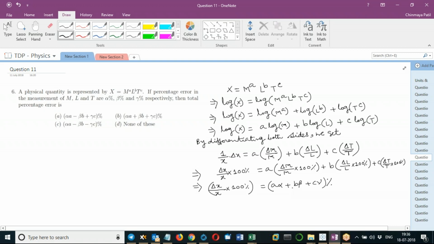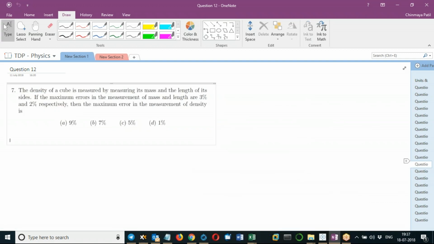And we get option B as the correct one. I hope all of you understood very clearly, and let's now go to question number 7.